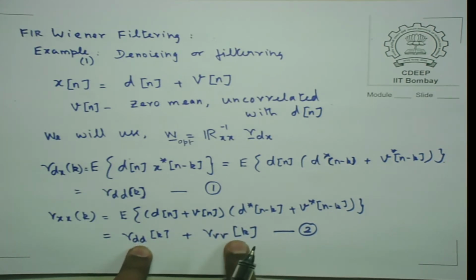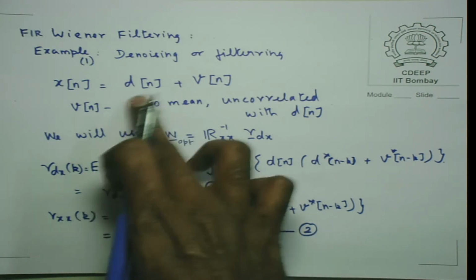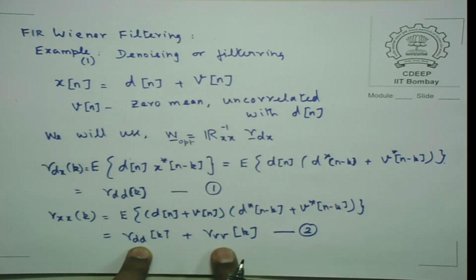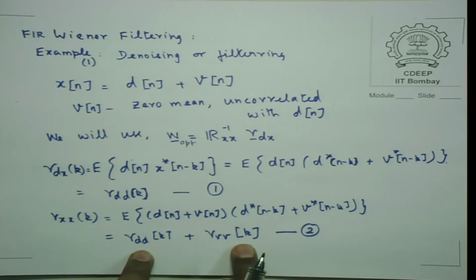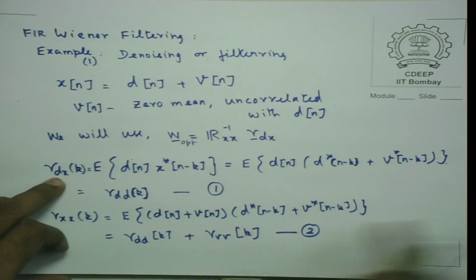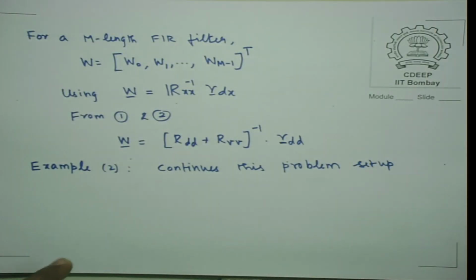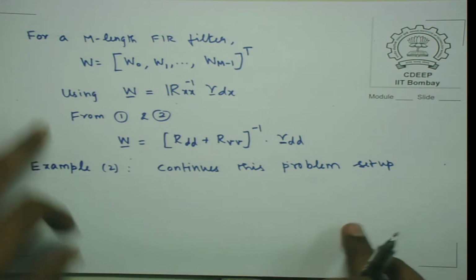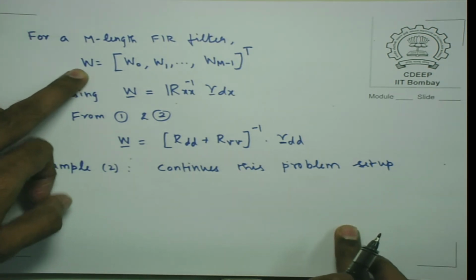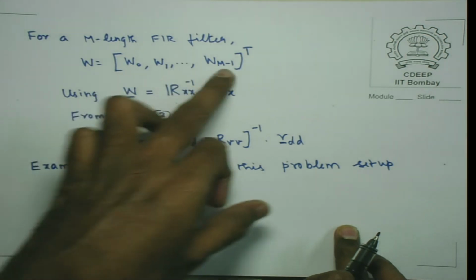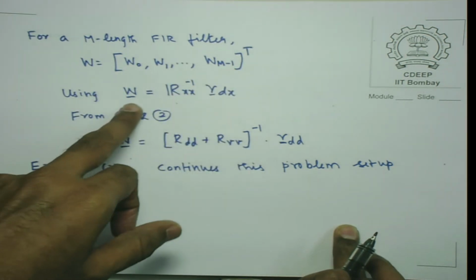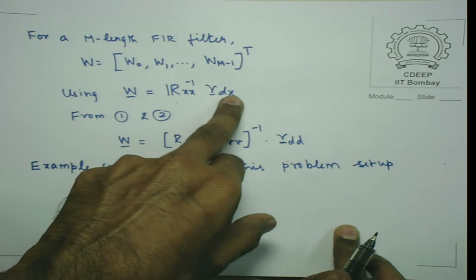So this is kind of a general rule which happens in almost all cases when there are uncorrelated signals being added. The resultant autocorrelation is just the sum of their autocorrelations. Okay. So given this RXX and RDX, we can now try to find what that filter should be, and if we assume that filter to be of length m, then that will have these coefficients W0 to W m minus 1. We could use this W as R inverse RDX.